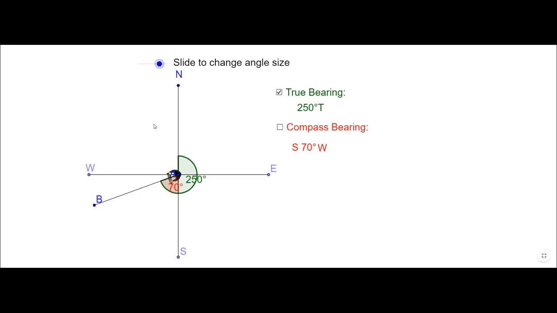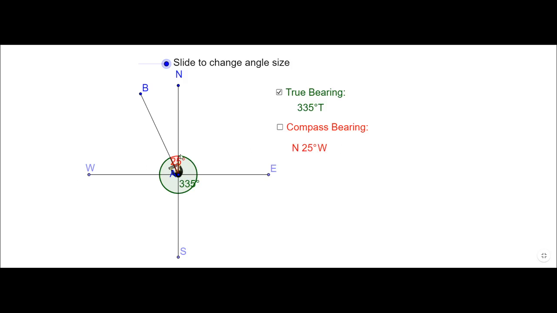If you move to this other side, the second quadrant, you will be measuring your compass bearing from the north this way. So if I slide it a bit up to that, you realize this angle here, from the north, from here to here, is 25 degrees. And therefore, my compass bearing will be north 25 degrees west.